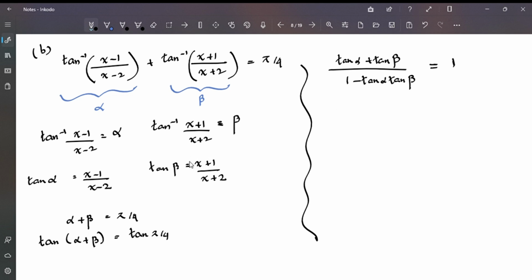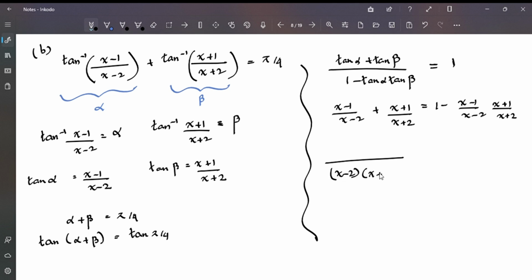Okay, 1. Now wherever you have tan alpha you can substitute this. Wherever you have tan beta you can substitute this. So x minus 1 over x minus 2 plus x plus 1 over x plus 2 equals, I can easily cross multiply this, 1 minus x minus 1 over x minus 2 times x plus 1 over x plus 2.